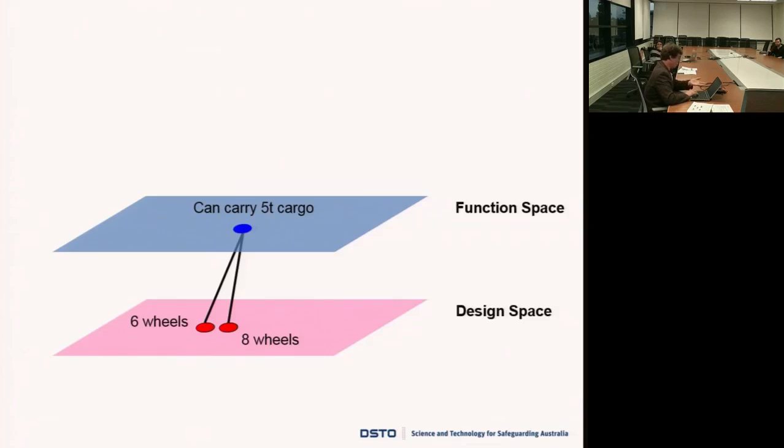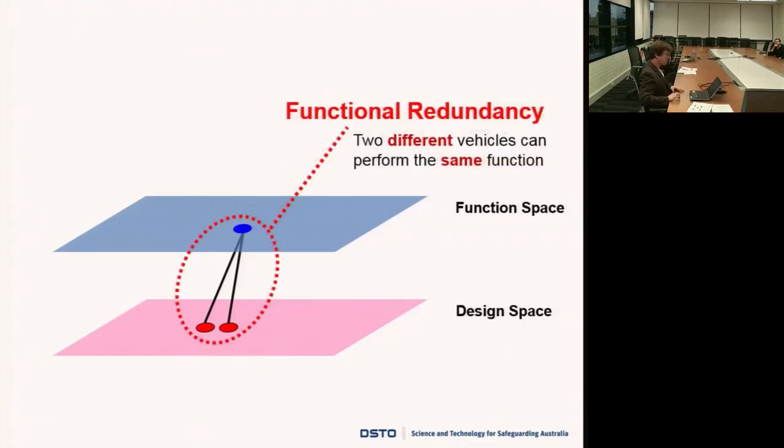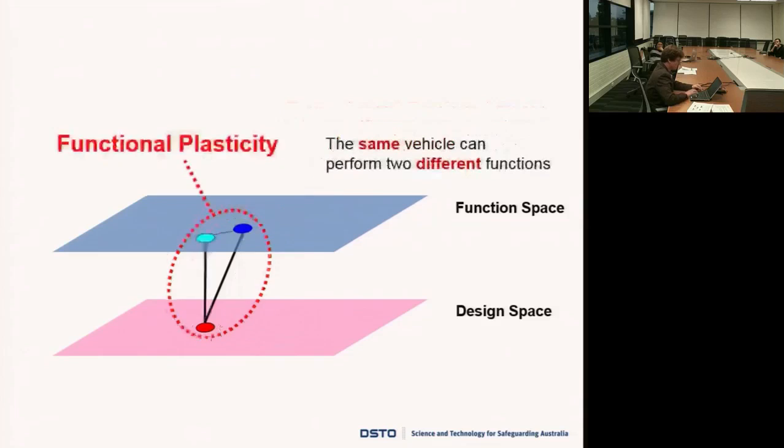And this is a very well-known design characteristic, which is called redundancy. I'm adding functional in front of it. It's two different objects that can perform the same function. Now, with this space, I can also represent something different, which is known as functional plasticity, at least in the biological literature. In this case, it's the same vehicle performing two different functions.